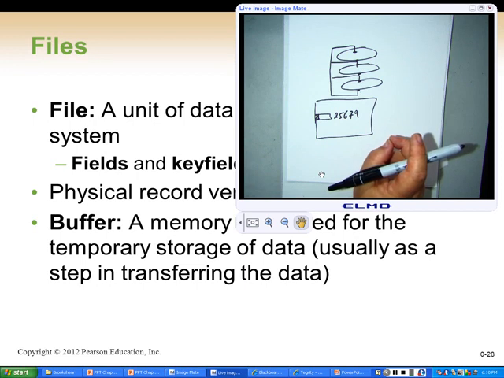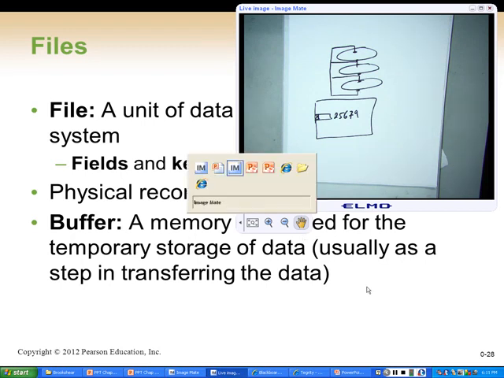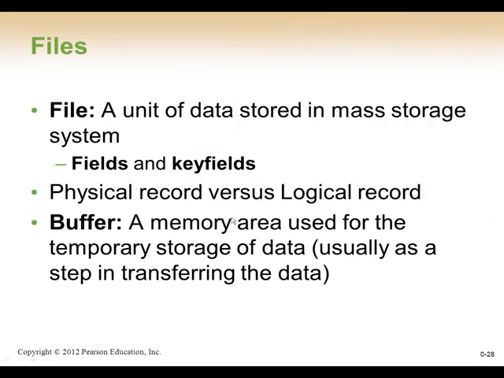Okay, so next is the buffer. We need the buffer because the devices that we have are not at the same speed. Before, if I printed something, because the printer still has moving parts, it's going to be much slower than the computer itself.